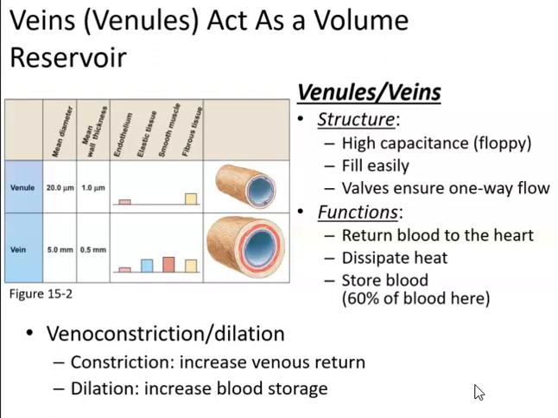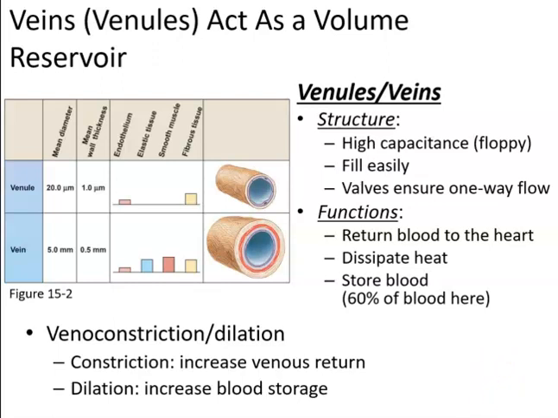So we're categorizing venules and veins in this slide because we're talking about their similar structures and functions. For example, structurally, venules and veins have a high capacitance. What does that mean?